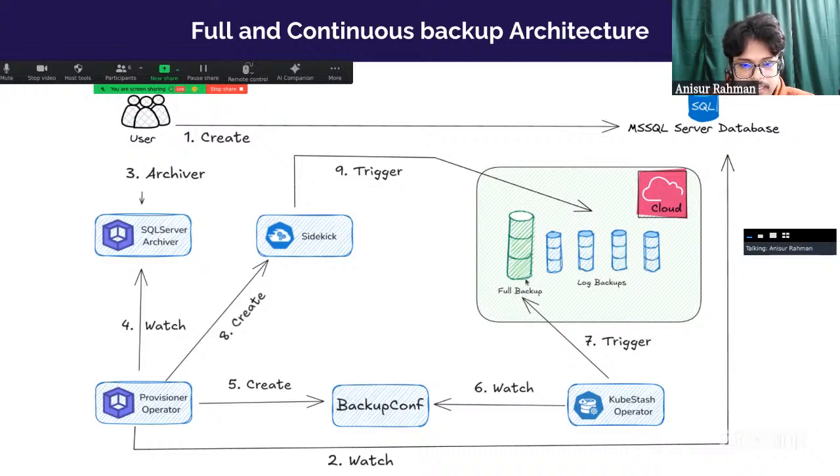As you can see, there is a full backup, and after that there are lots of continuous log backups, and all of those backups will be kept in a cloud storage, or any public or private storage actually. So that's the whole mechanism of how continuous full and log backup works in KubeDB along with the integration of Kubestash. Let's move on to the next slide.